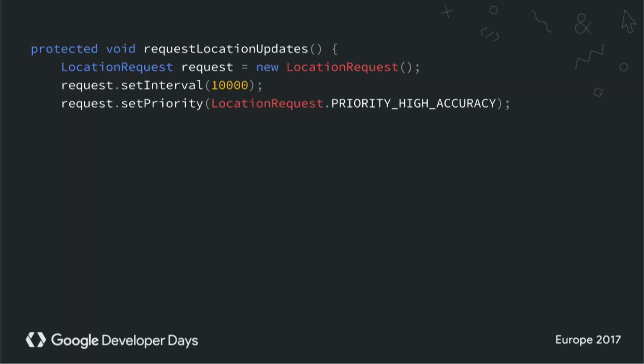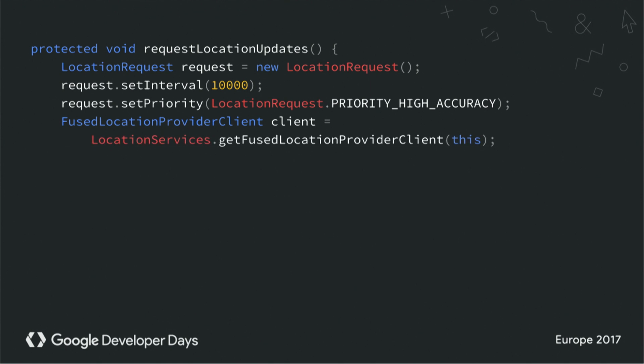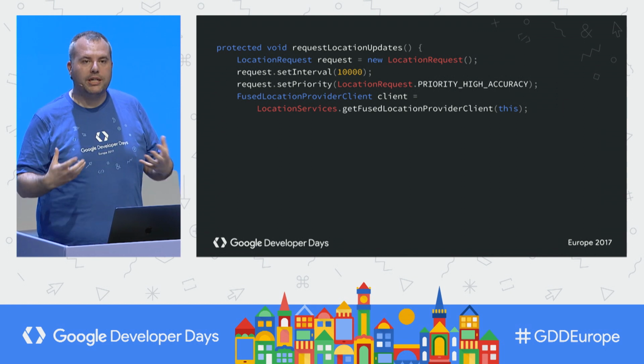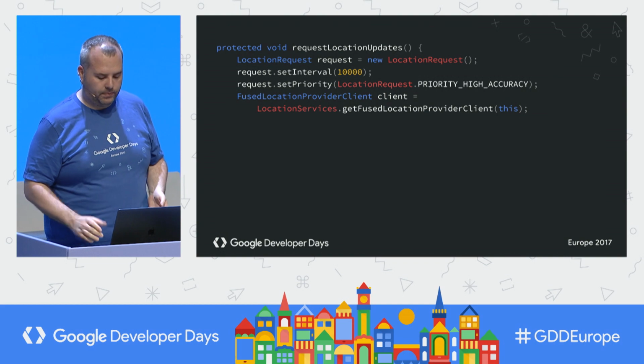Okay, so we've configured how we're going to get locations. The next point is that we then use the Fused Location Provider API. This fuses together cellular tower data, GPS data, and Wi-Fi data to give us a more accurate prediction as to where this phone actually is.